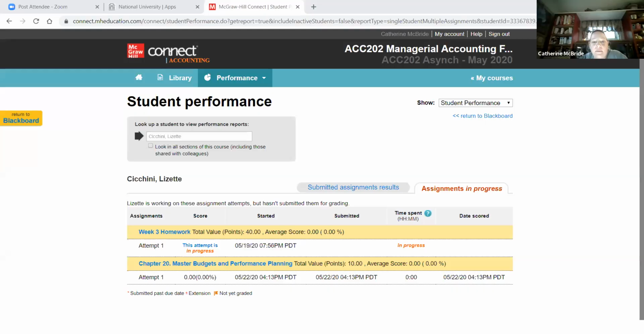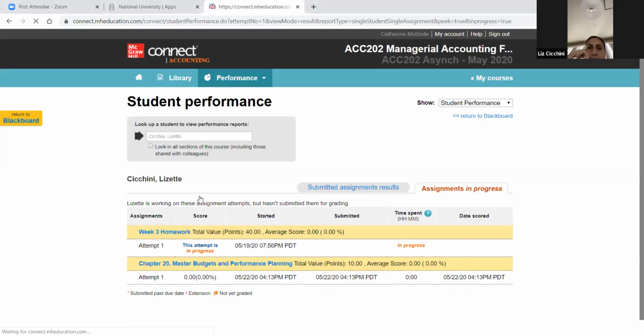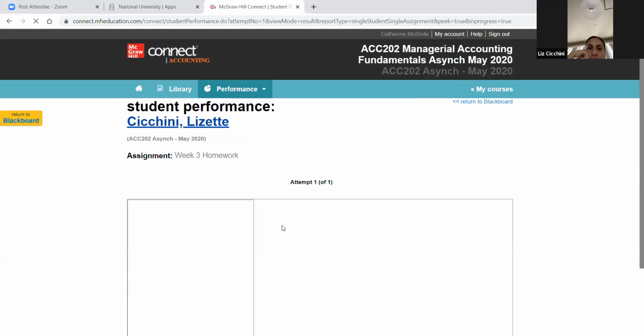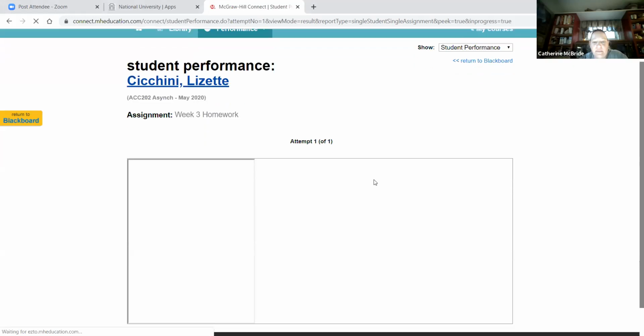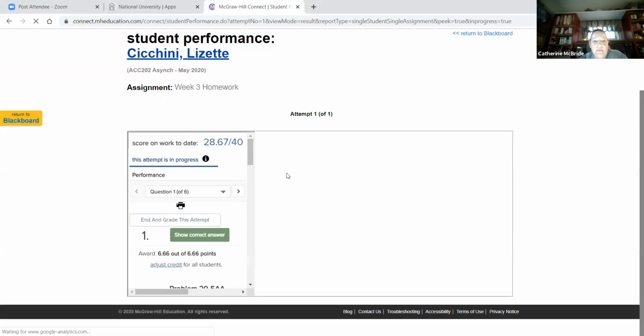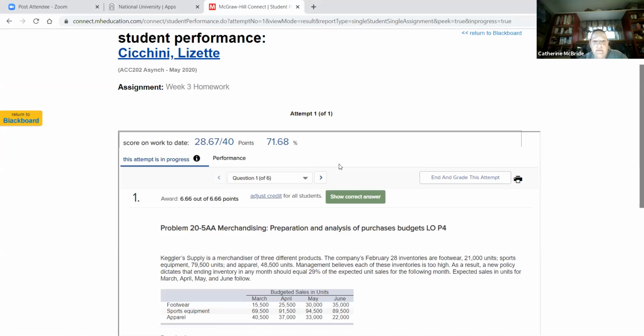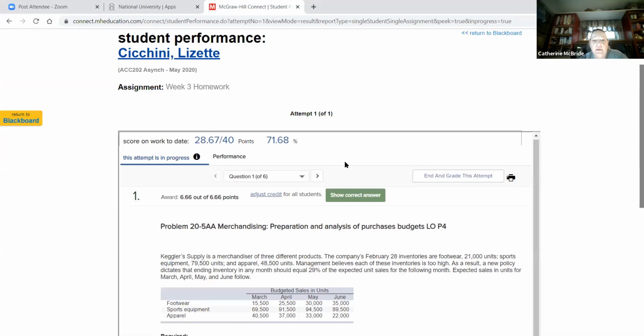See what happens if I stop share and I share again. Oh, wait. Hold on. That's where I am though. It disappeared. Can you see the work now?